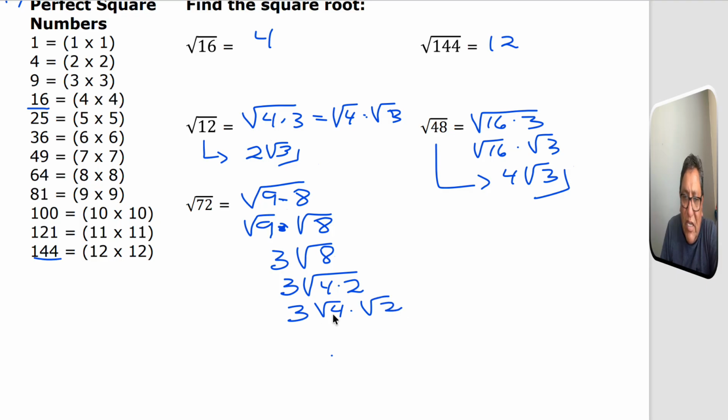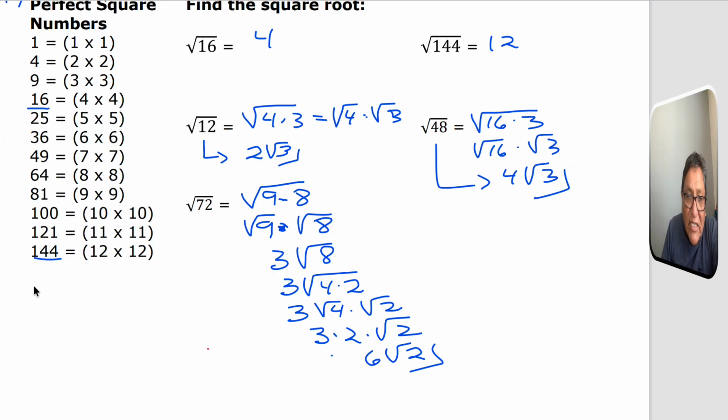Now remember that 4 is a perfect square, so it will be 3 times 2, because the square root of 4 is 2, times the square root of 2. 3 times 2 will be 6 times the square root of 2. That will be the answer.